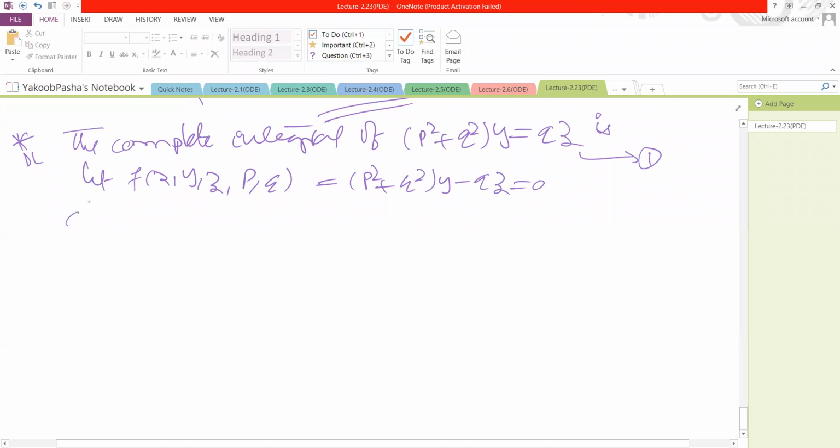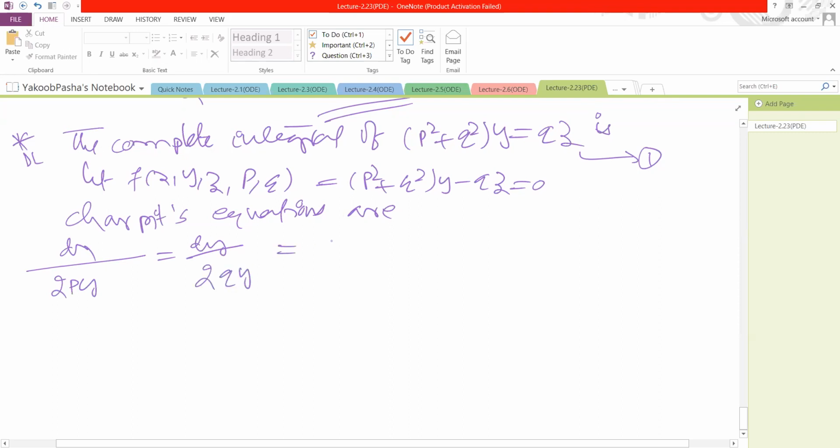So the Charpit's equations are dx by fp, fp means 2py, dy by fq, 2qy minus z, is equal to dz by p into fp, 2py, plus q into fq, 2qy minus z.